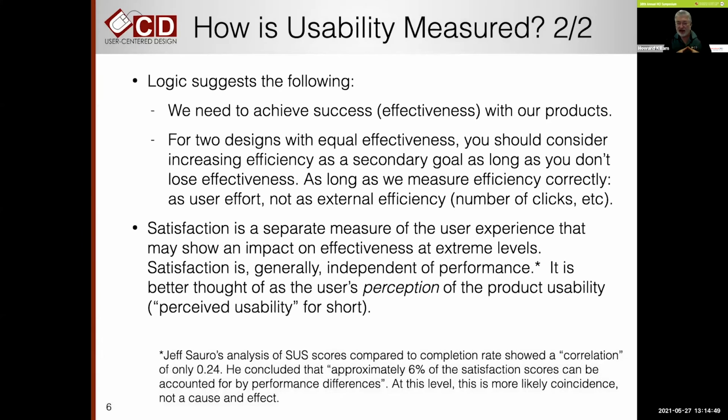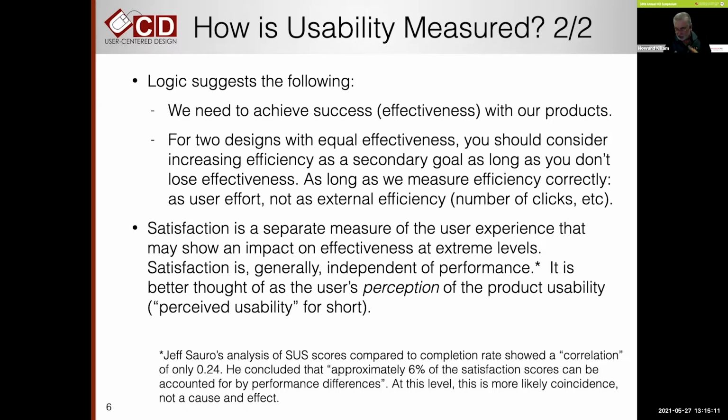So satisfaction is an interesting one because for most cases, satisfaction is independent of performance. Jeff Sauro, who does a lot of work on numerical analytics, did some testing of SUS scores against performance, and he found that it had a 0.24 correlation.